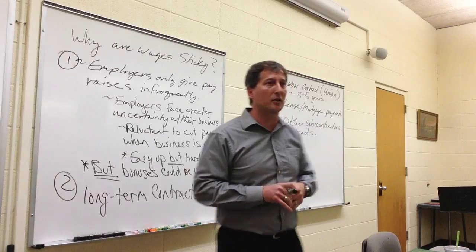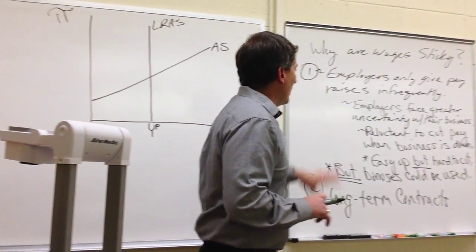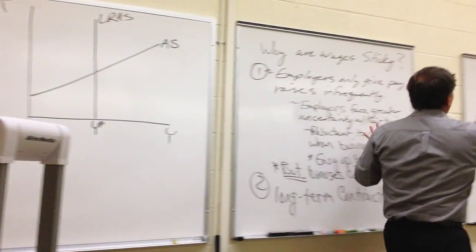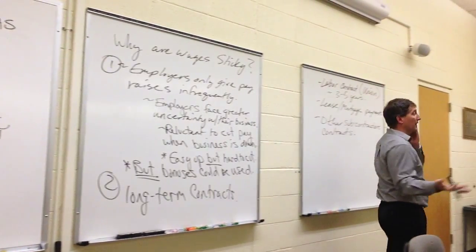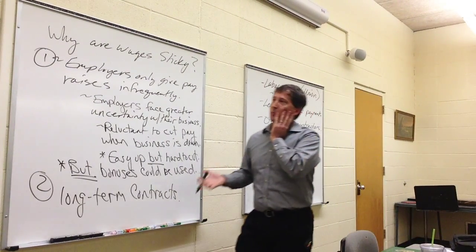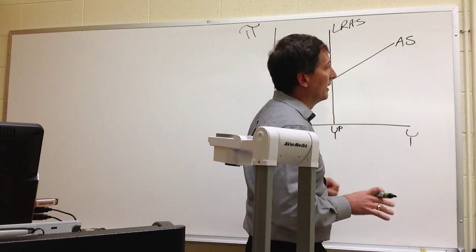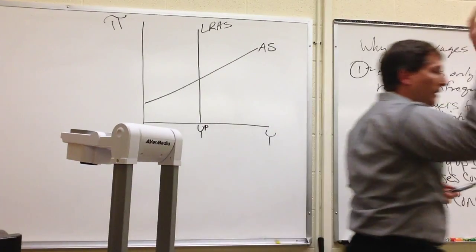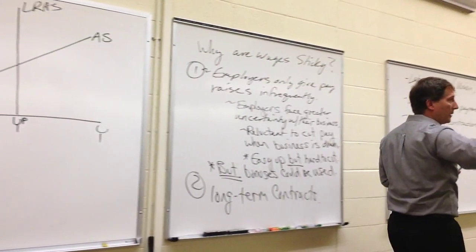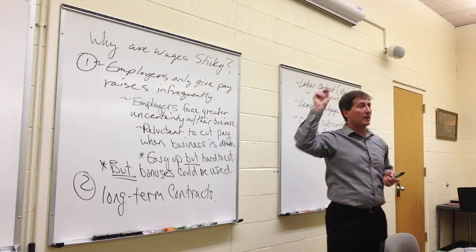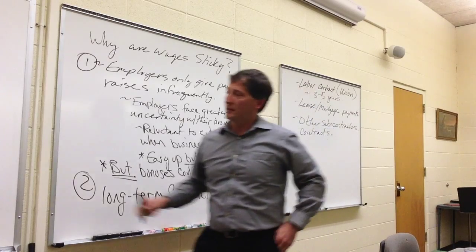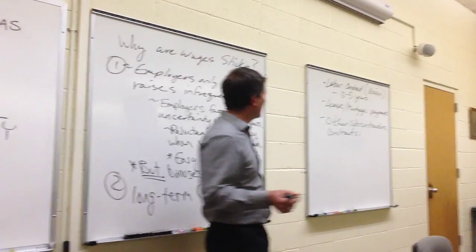And so stuff like that goes on. So all of those might be some reasons why we see less flexibility, less upward movement in the resource market as opposed to the output market, where the prices on the shelves at Walmart might adjust pretty easily up and down, but the prices of resources may not.